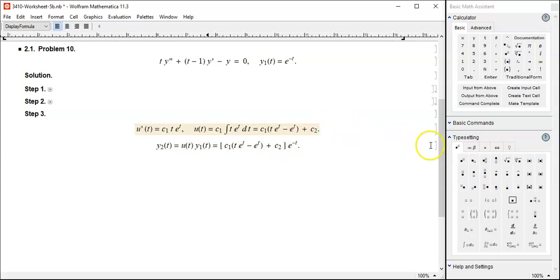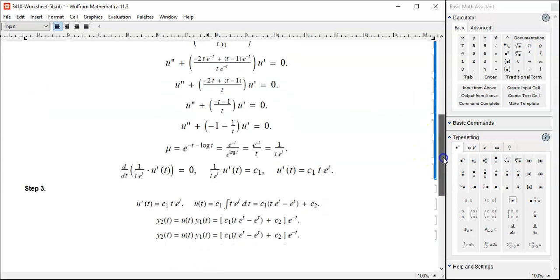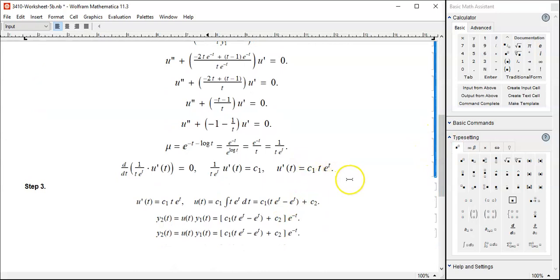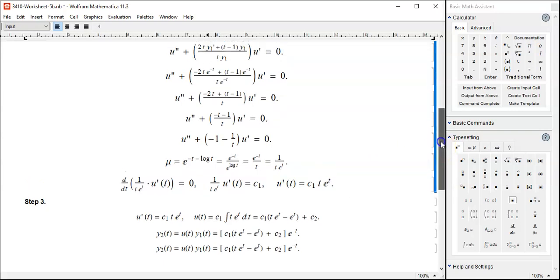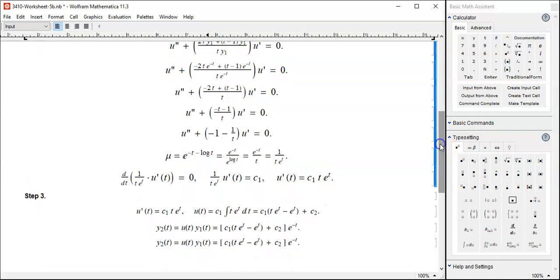Let's see, this is complete, but oh, wait a minute. Excuse me, I've been too silly. What was I thinking? I don't really need all these constants here. I'm not looking for a general solution. All I'm looking for is another particular solution, another solution of homogeneous equations. So I could select C1 as simple as I want.